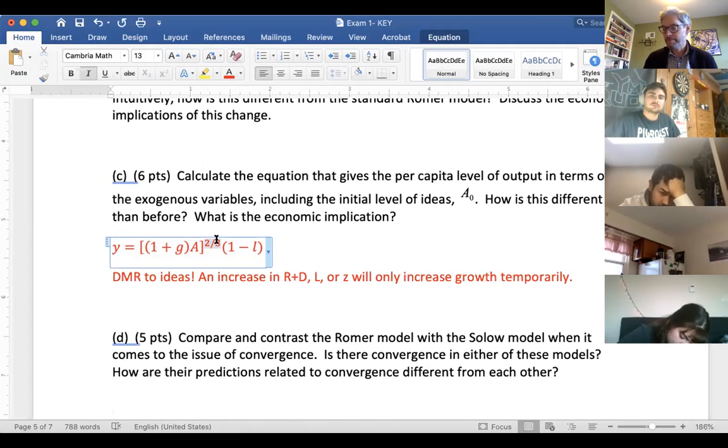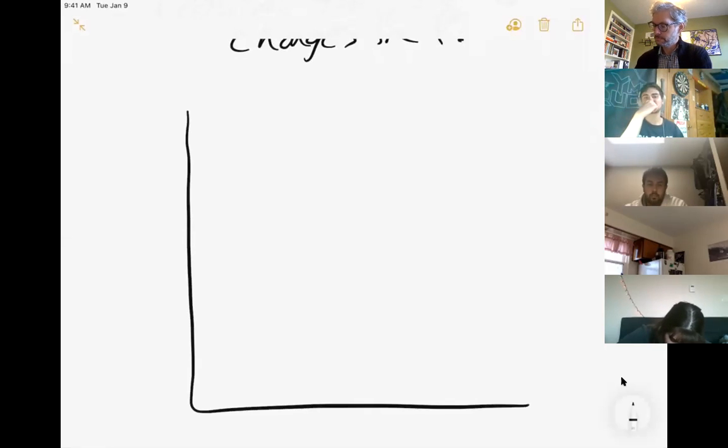So now what happens if there's an increase in G, right? Let me switch over to my iPad. Let's draw the graph here. So what happens in this model?